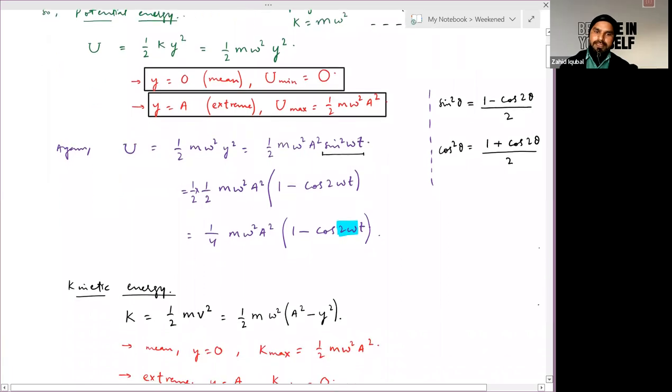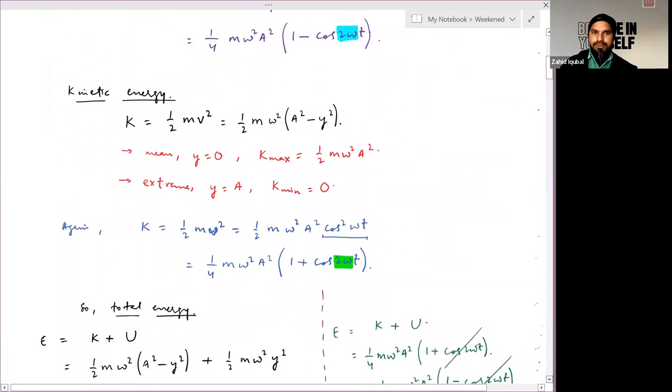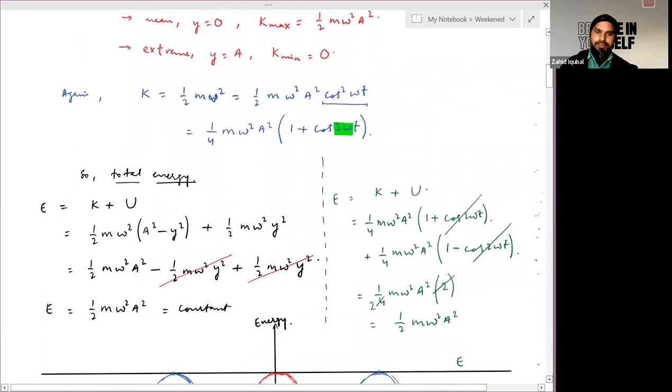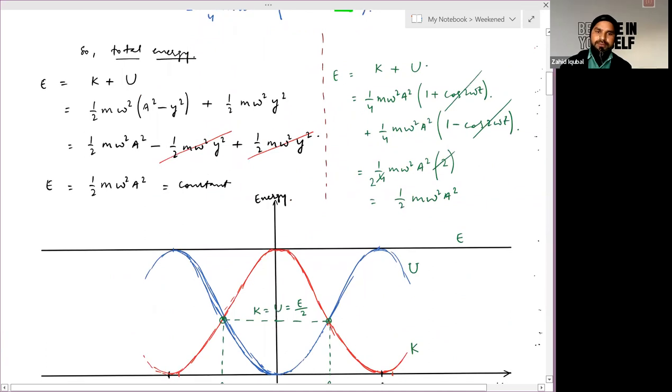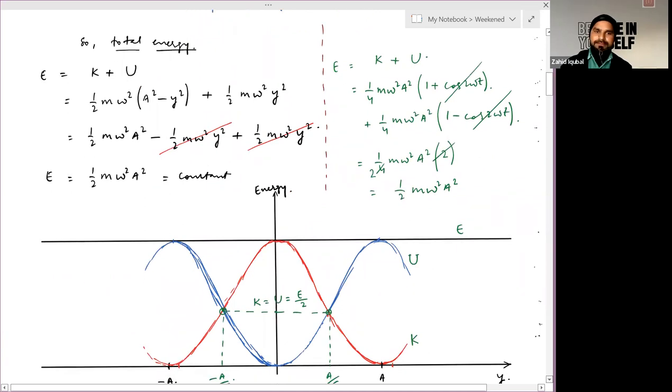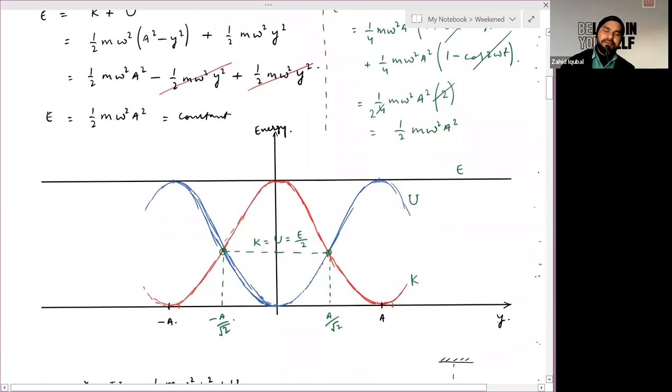This is kinetic energy, the expression of kinetic energy. If you add these two terms, you will get total energy. And the graph related to these two energies will be this part. So you have to write the answer from that to this part. You'll be asked to derive these different results.